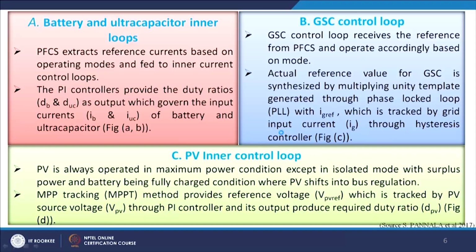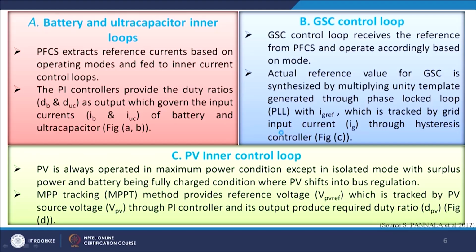Now, the PV inner control loop. PV is always operated at its maximum power condition, except in isolated mode with surplus power and the battery being fully charged, where PV shifts into bus regulation.